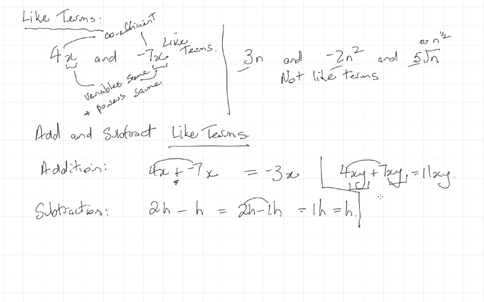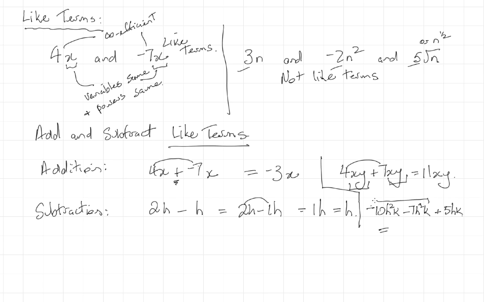So if we've got negative 10h squared k minus 7h squared k. Like terms because the variables have the same power. So we've got h squared k. Now let's just put plus 5hk. Alright, let's just make it a little bit different there. So we then go through and say, do we have like terms?